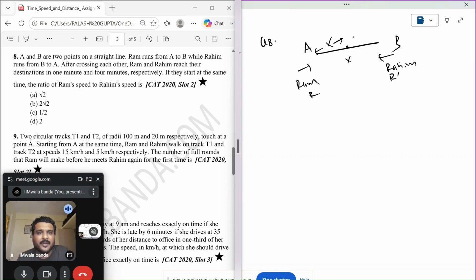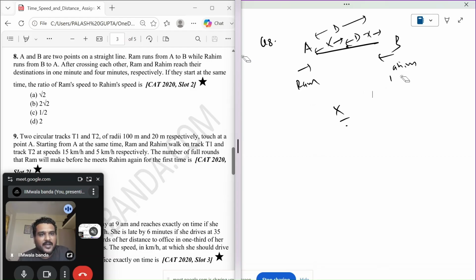Let's say they meet at this point. This is D minus X. This total is D. Now, after they meet each other, they reach their respective points in 1 minute and 4 minutes. So, first of all, X distance covered by, let it be S.